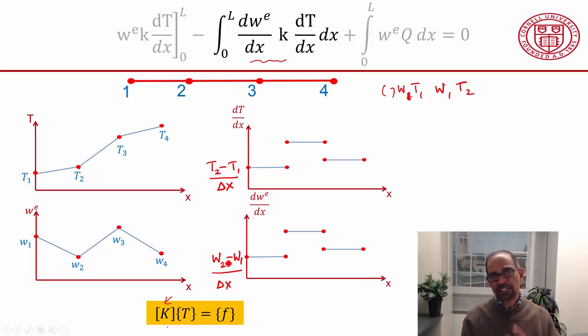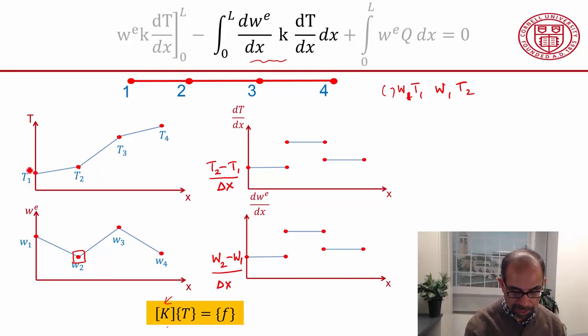And there's a very important takeaway from this, which is if I want to know the algebraic equation at this particular node, which temperature values will it involve? I'll say, okay, I look at what all W2 is multiplying.